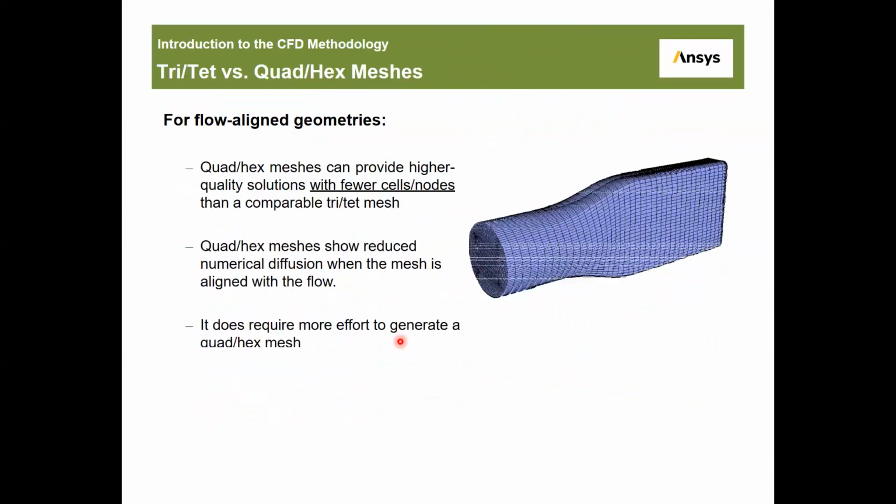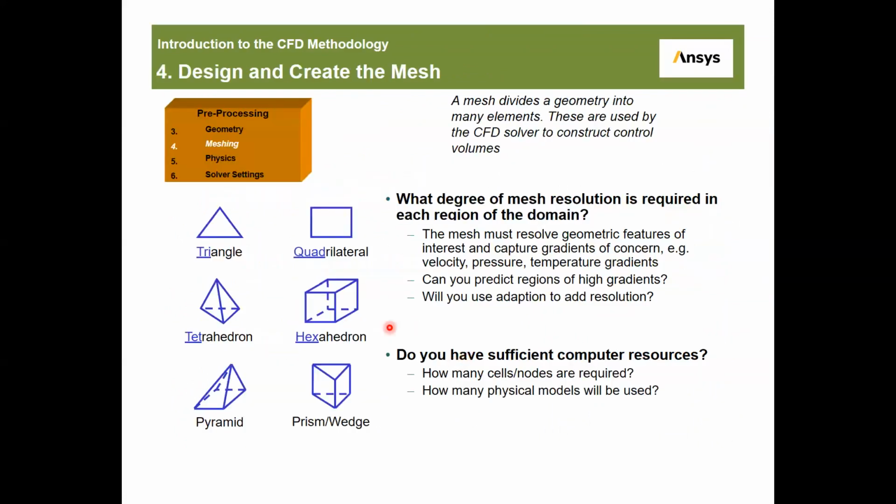For flow and line geometry, what mesh can provide higher quality solution with fewer cells, comparable to tetra mesh? Between that mesh, between yang mesh banyak ni, yang paling accurate adalah hexa. Sebab apa? Sebab bila you ada flow, flow akan what we call 90 degree.